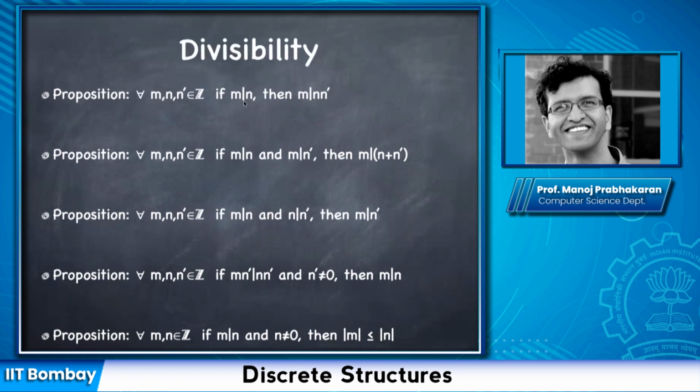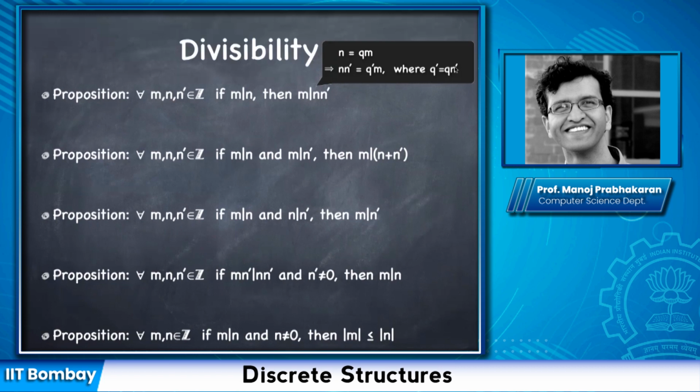The first is: if m divides n, then m divides n times n prime for any integer n prime. And why is that? m divides n means there is some q such that n is equal to q times m. If I multiply both sides by n prime, then I have n times n prime equals q times n prime times m.